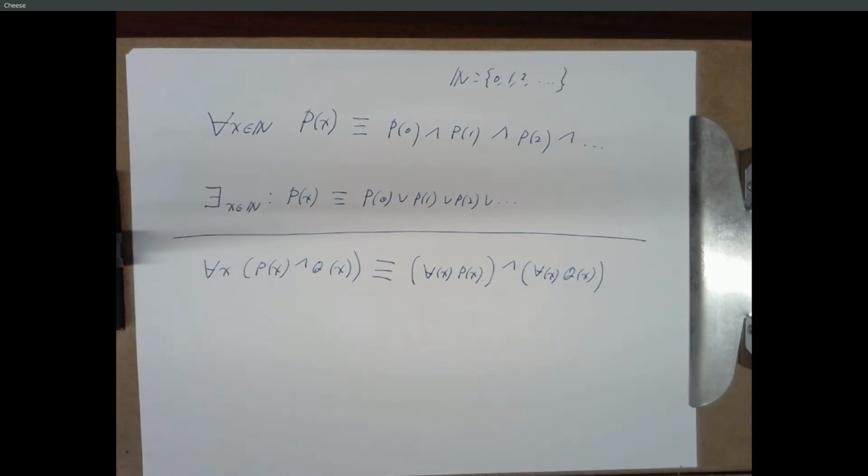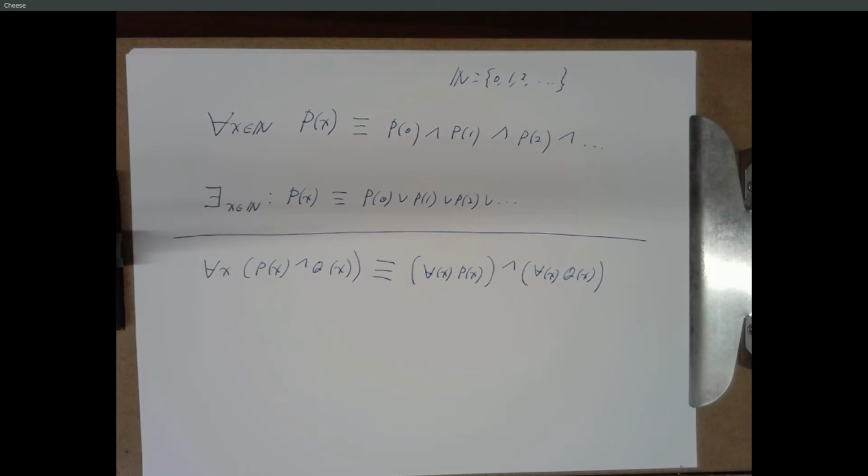That's going to turn out to be the same as this thing on the right. Well, that takes a little brain wiggling to see. The thing on the left says if I pick any X, so pick some X in your brain, that the logical AND of P of X and Q of X will be true.